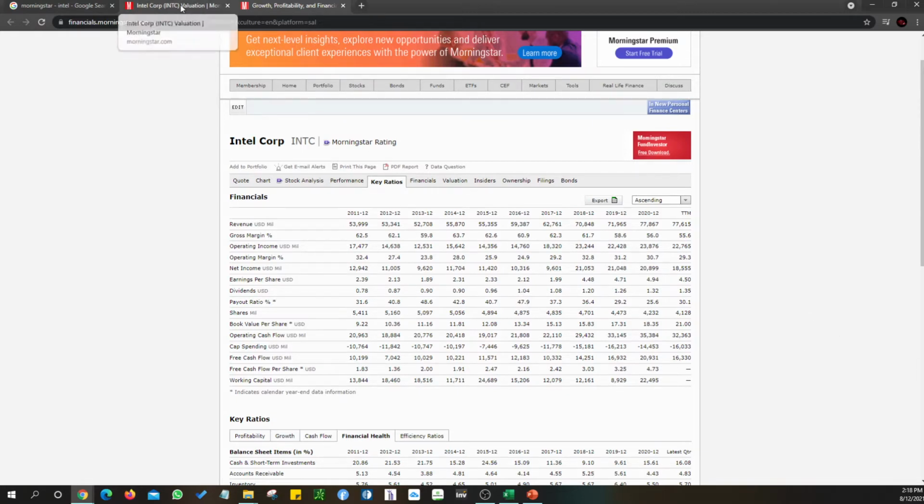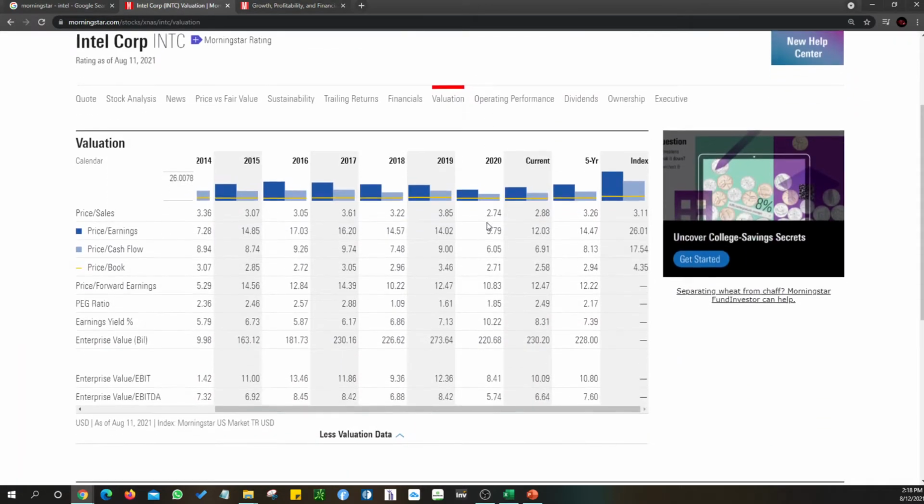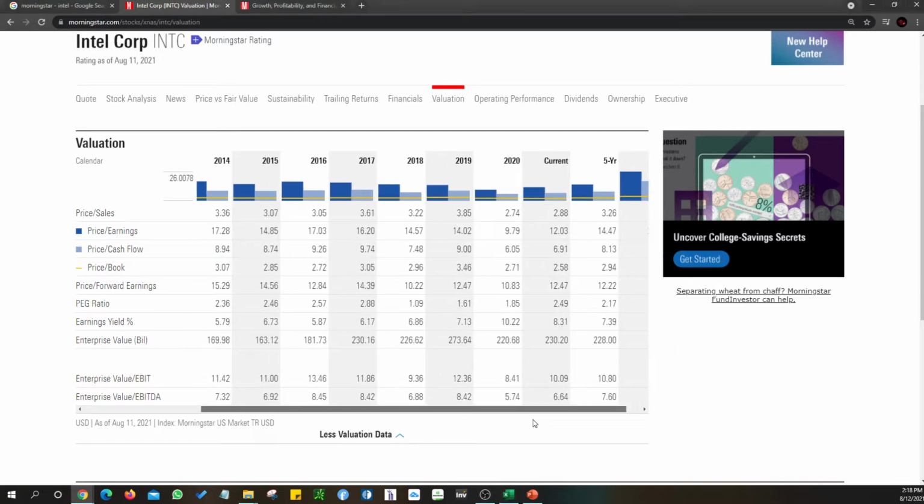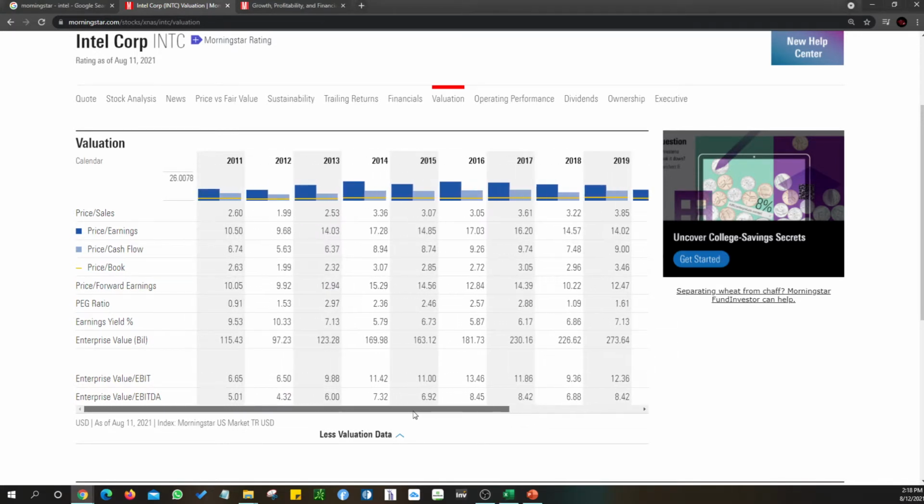Okay, so right, let's look at valuation. And here we are looking at price over earnings. So when I'm looking at price over earnings, the lowest I can see is around, you can say, price over earnings, let's look at it. 9, 9, 9, 9, 9 and 10.